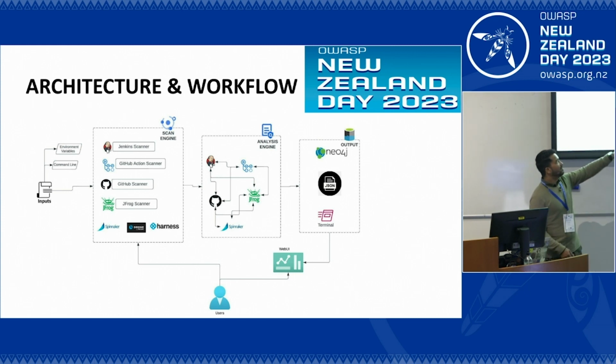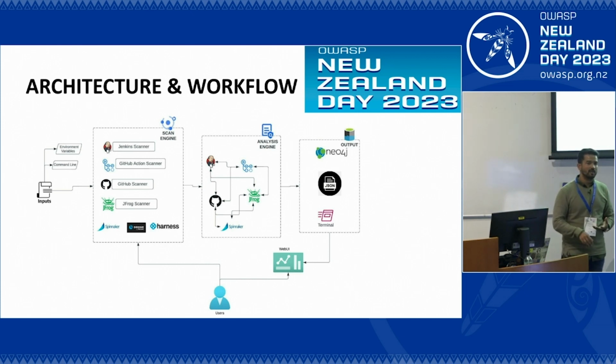Then the analysis engine will fetch all the data from Neo4j and build the analysis between those two technologies. Now let's say you ran the GitHub scanner and again put all the data into the Neo4j database. Then the analysis engine will again pick the data from the database and build the analysis between these three parts.